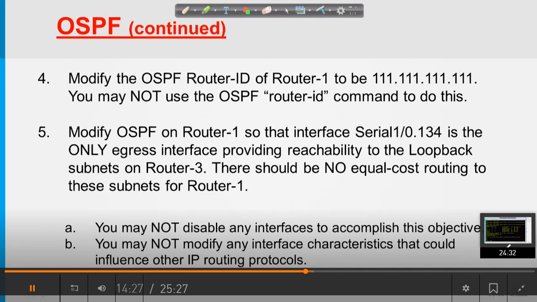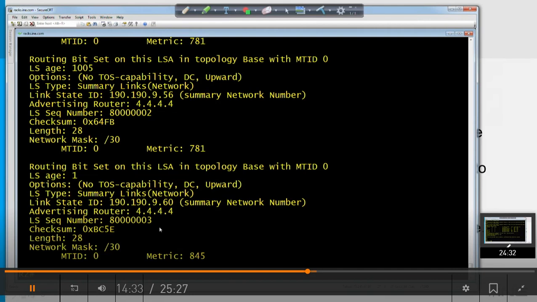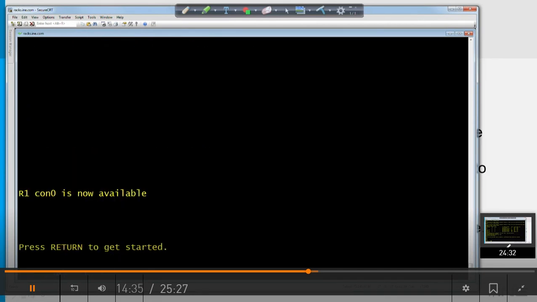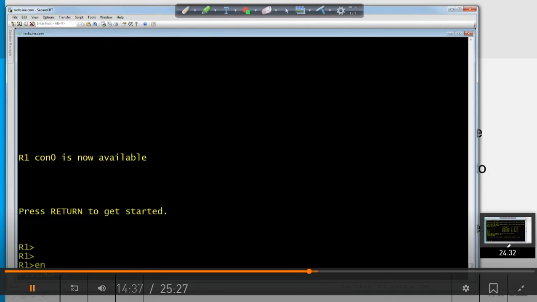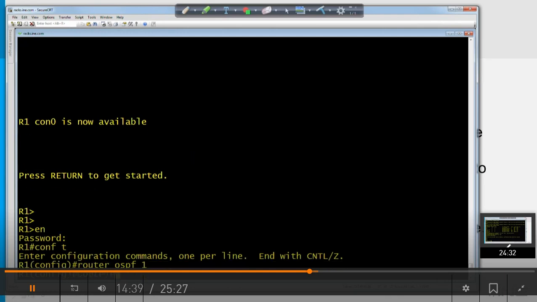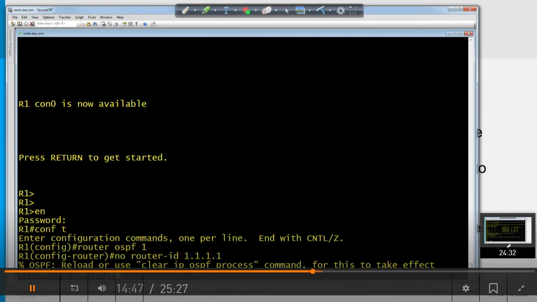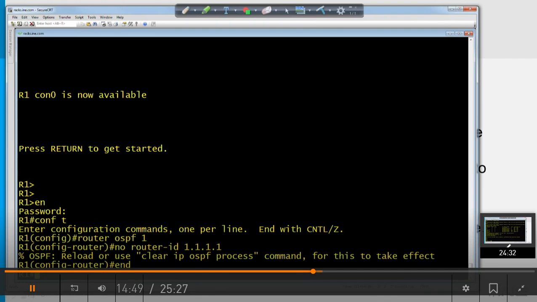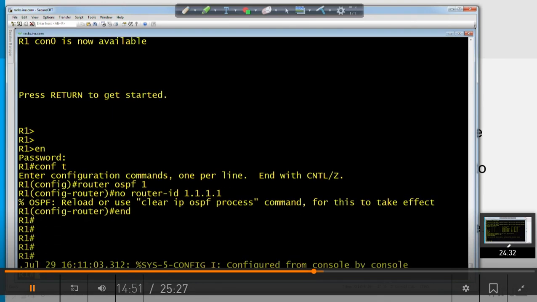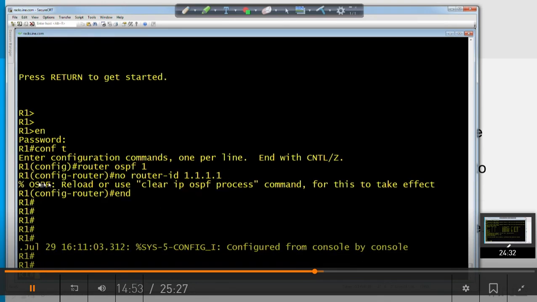Well, let's find out. So we're talking about Router 1. First of all, I have to get rid of the existing router ID command that's in there. Okay, so I got rid of it, and then I got this interesting message right here.